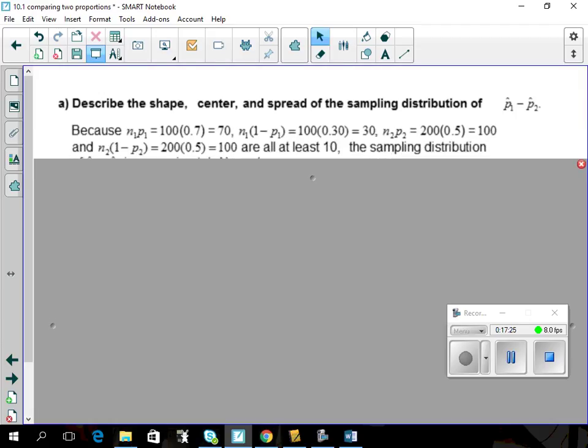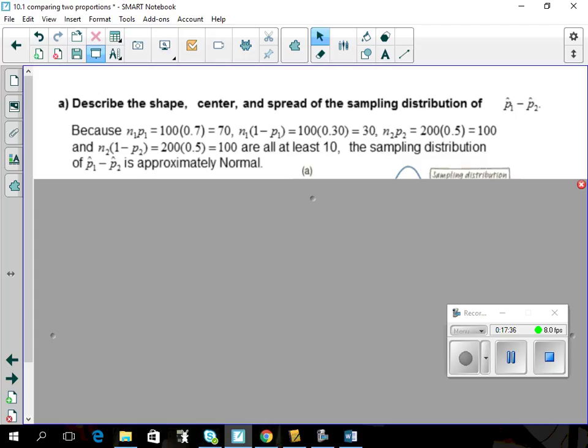What about population 2? Well, we have 50% of 200, and that's also greater than 10. Would you agree? So they're all at least 10. Therefore, the sampling distribution of the difference of the sample proportions is also normal. Okay? But you have to check for both. Are we okay with that? When you have 2 independent samples.